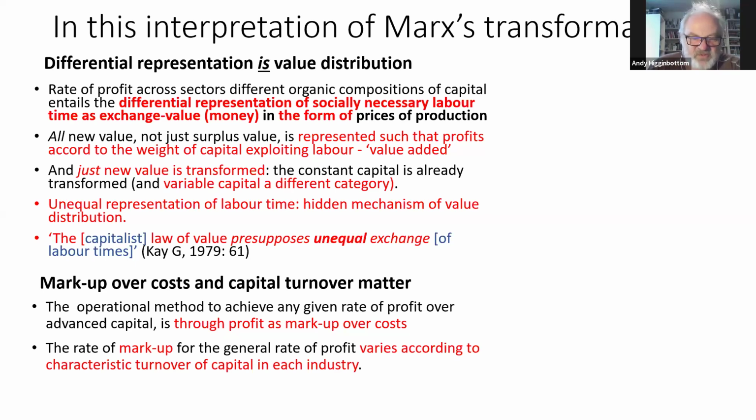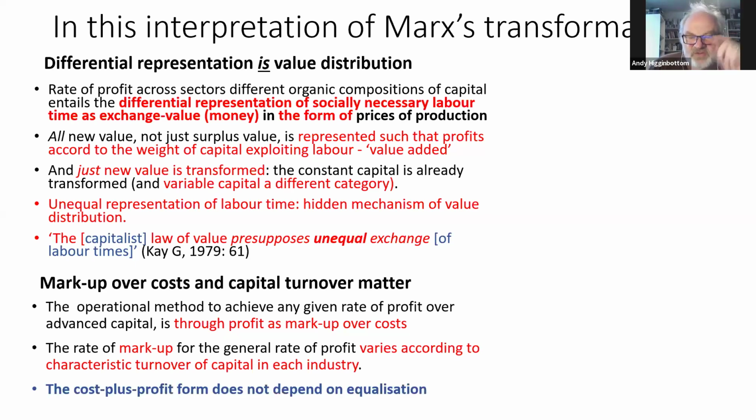So there's a measure of the general rate of profit in terms of the capital advanced, which is the general understanding of the rate of profit. But there's also a second measure, which operationally is very important, which is the markup over costs. You get the same result, but through two different avenues.